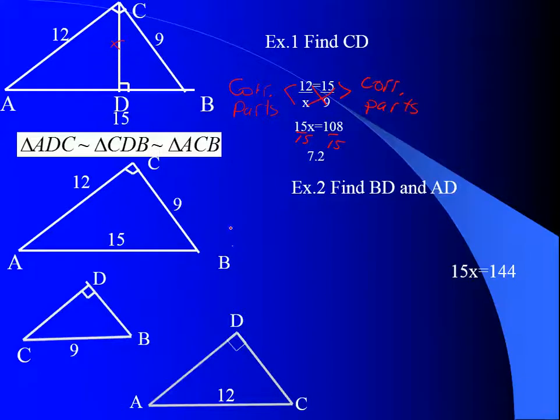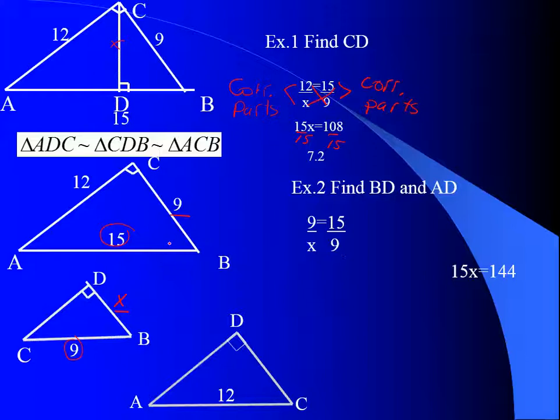So if we want to find BD, let's put an X there. Okay, so we have these two triangles we're comparing. What are the two matching parts? Well, 15 is in the same position as 9, so those two go together. And then I have X in the same position as this 9, so those two go together. So I can make a proportion. I can make fractions out of those two corresponding parts.